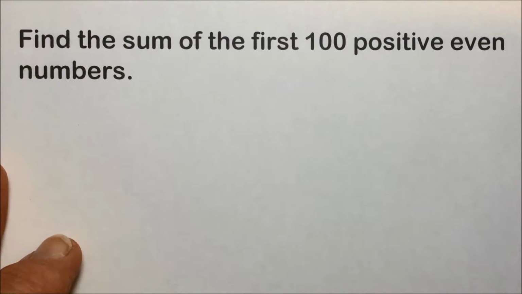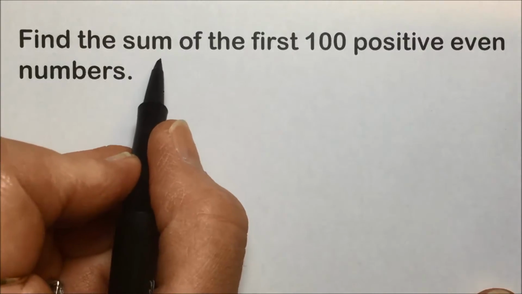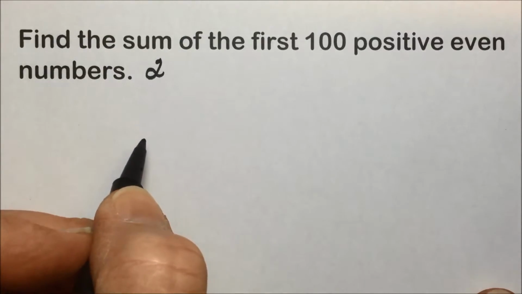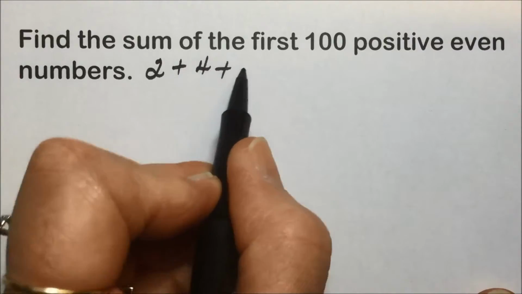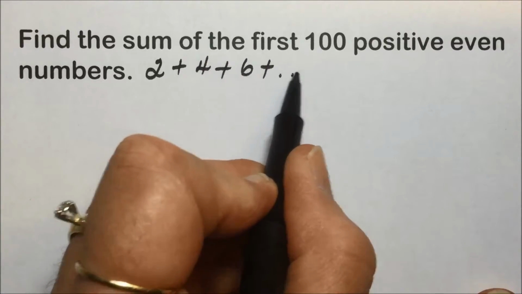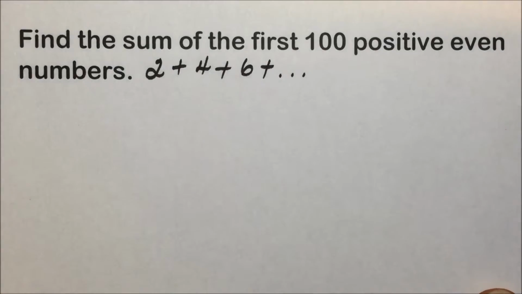The next one is asking us to find the sum of the first 100 positive even numbers. Well, let's see what that would look like. Positive even starts with 2. We would have 4, 6, and so on up into our 100th term.